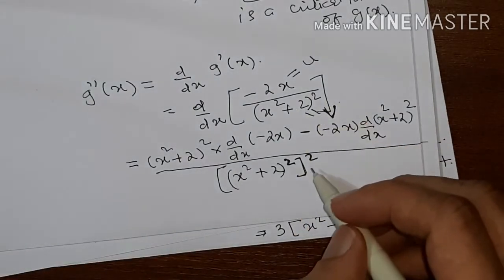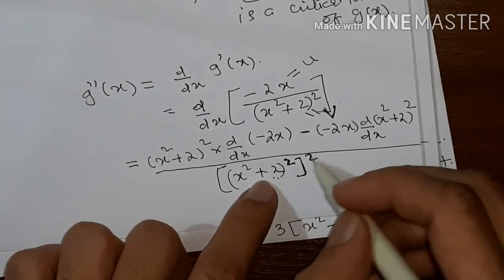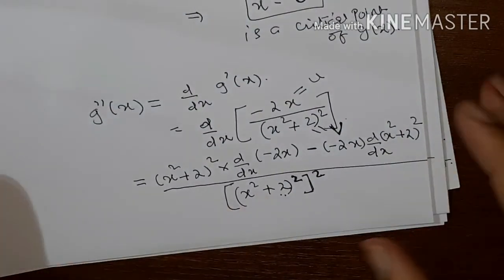This is already squared and the formula also has v square, so here it is v the whole square.